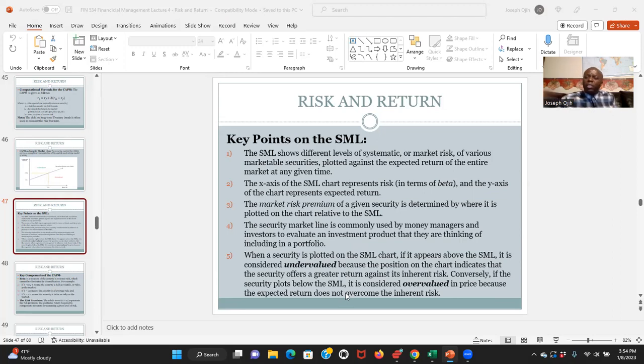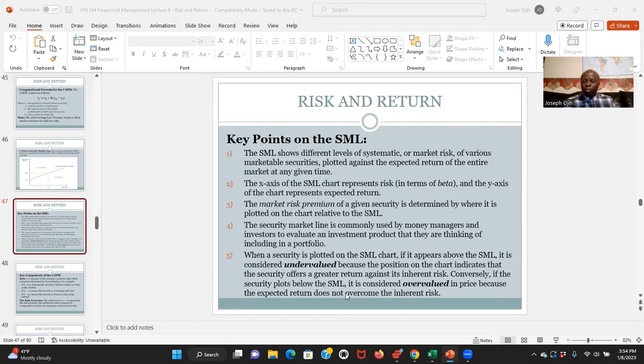Money managers and investors in general use the security market line to evaluate an investment, a stock, an asset, or investment products that they want to buy, especially if they want to add that stock to their portfolio.